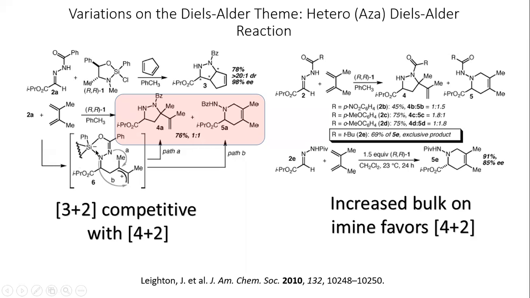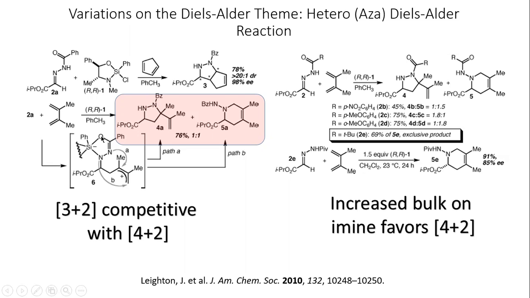And so what happens in this particular case is you actually get competition between a 3+2, which is where we get our 5-membered ring from here, and that's what's shown here, right? The silicon is here, right? So nitrogen can put a pair of electrons to here, and then you also have this nitrogen here becoming an imine or imine type, using that pair of electrons, and then you put a pair of electrons on the oxygen.